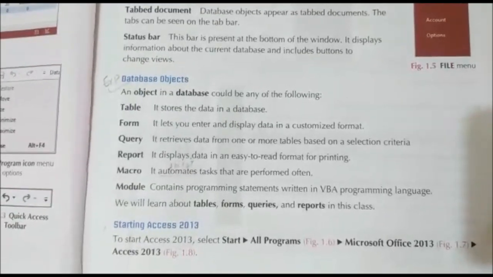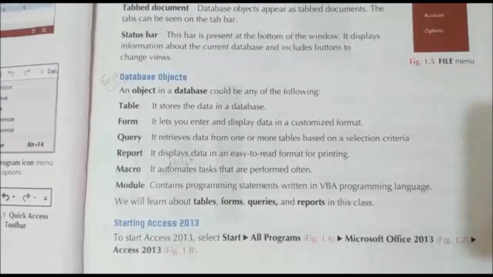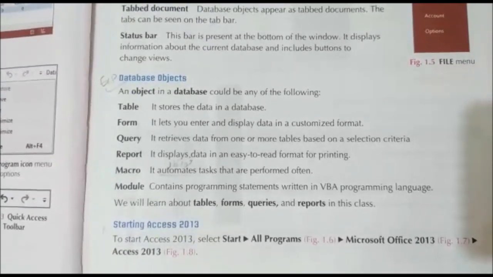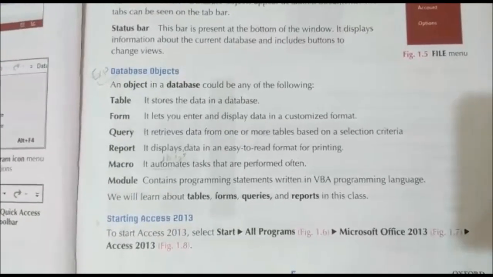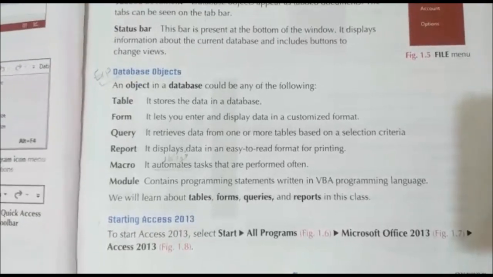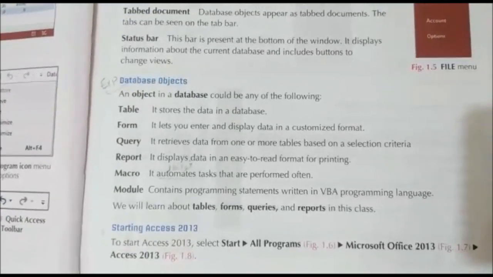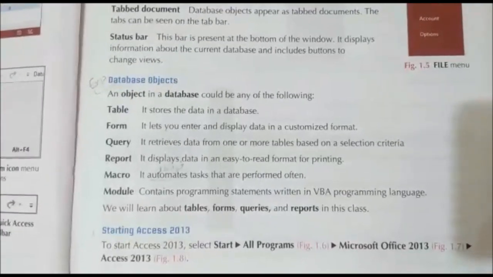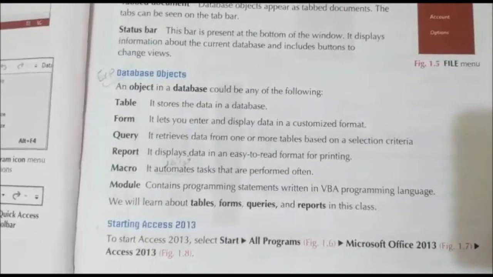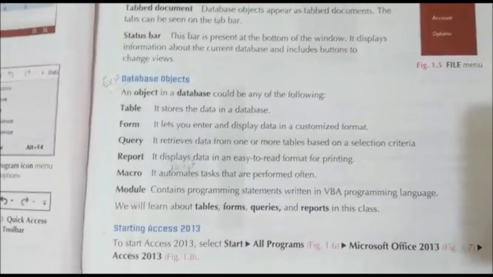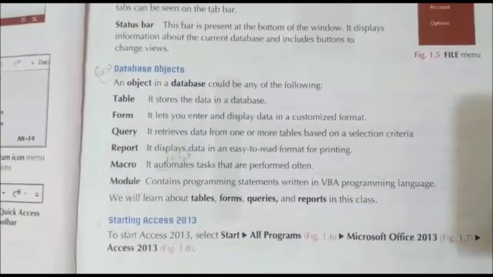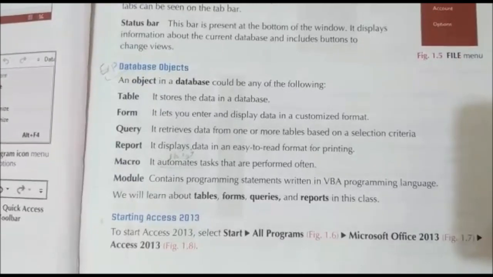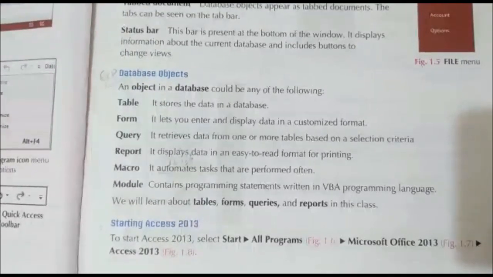Everything needs to be in a proper format, and the work of form is to make the data in a customized format. Query, it retrieves data from one or more tables based on a selection criteria. You can move your first data to the second data, from first table to second table, based on your choice. Number 4 is report. It displays data in an easy to read format for printing.